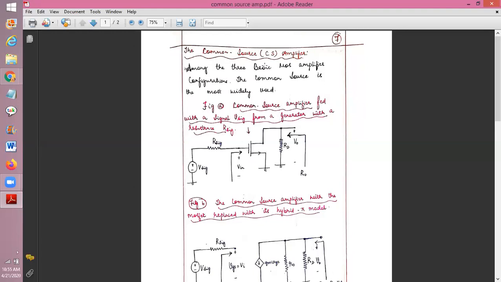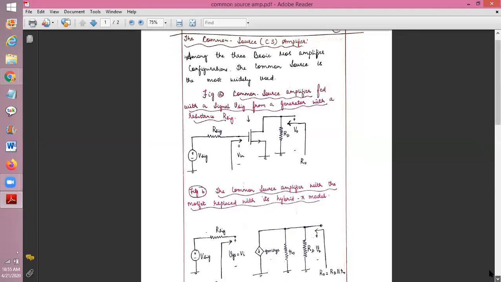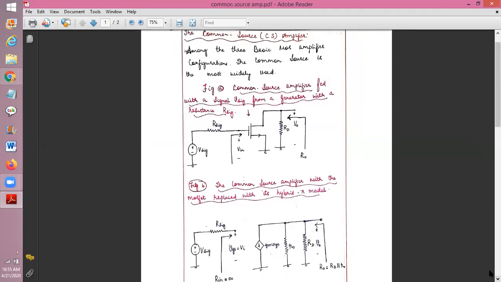So what are the 3 configurations? Common source, common gate, common drain. Right. So we are taking the common source amplifier and characterizing it. Characterizing means we are finding the parameters.